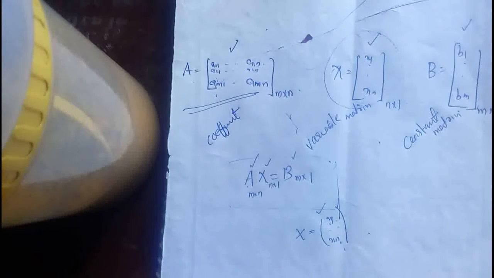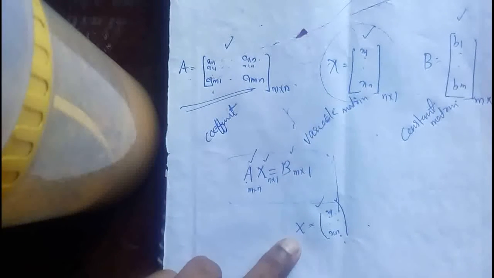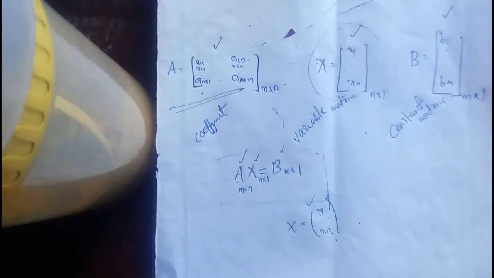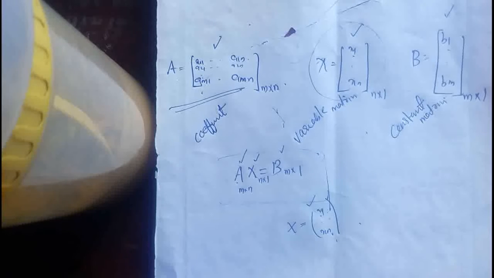That variable matrix is a column vector x1, x2, etc. xn, and these n values satisfy the m equations. That matrix is called the solution matrix.